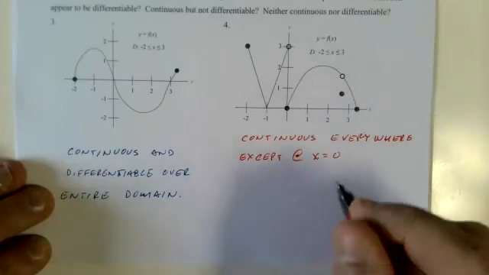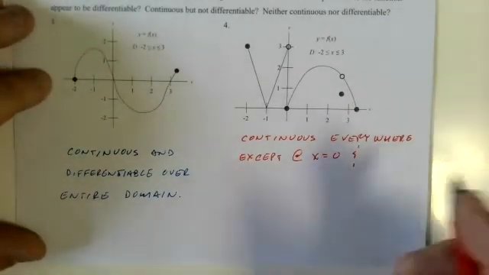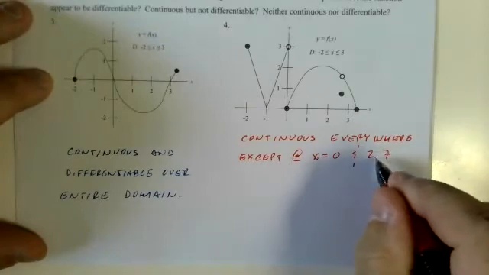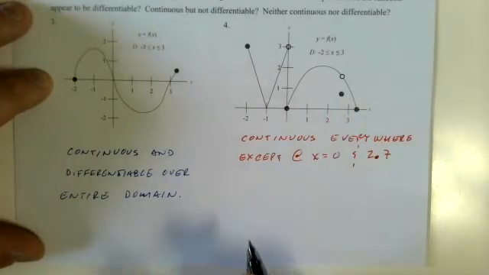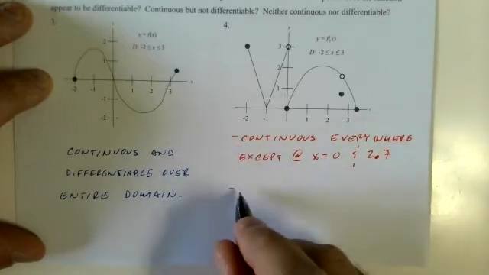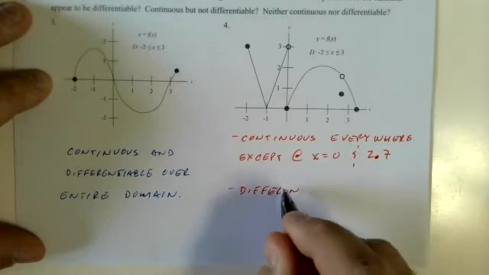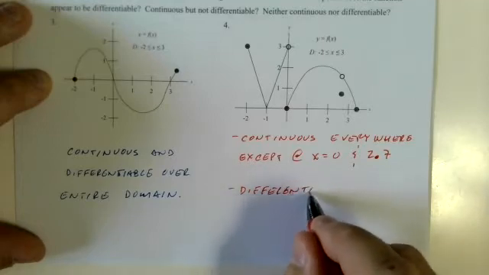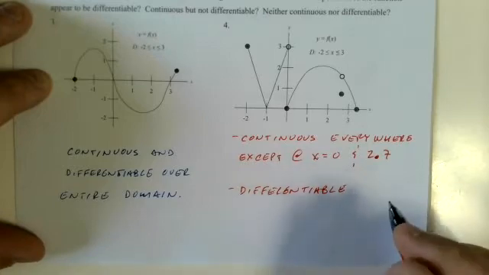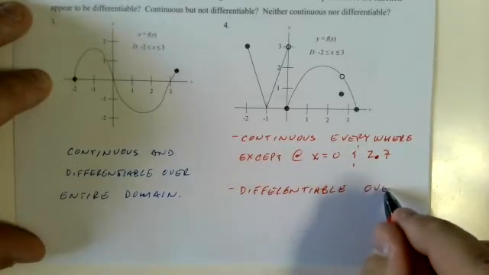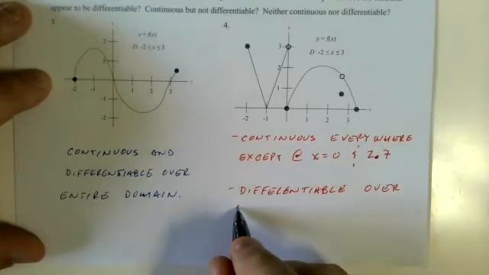2.7-ish. Right about there. And it's differentiable over the entire domain. Yes, I said everywhere, which I should say over the entire domain.